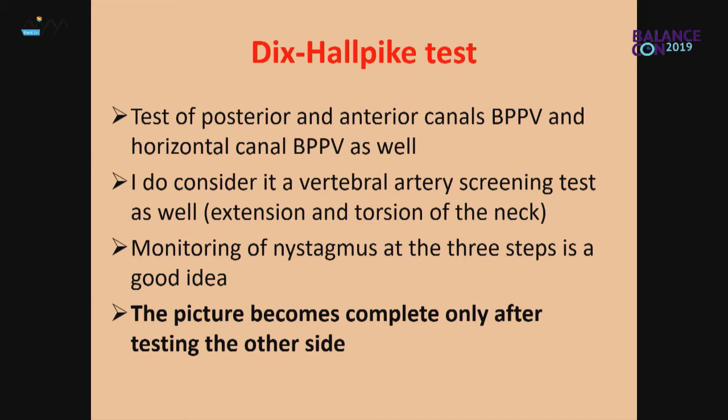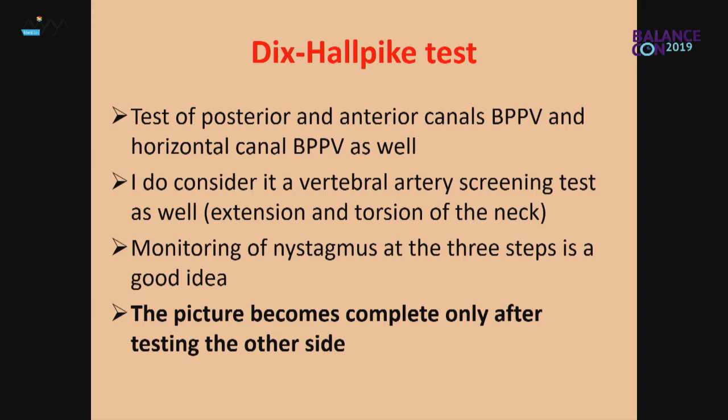How many of you sometimes see the nystagmus of horizontal canal BPPV in Dix-Hallpike? Good. Quite a good number of the audience agree that the horizontal canal nystagmus appears in the Dix-Hallpike. And this is because of the orientation of the horizontal canal. Honestly, the horizontal canal orientation allows its nystagmus to be provoked with most of the positions.